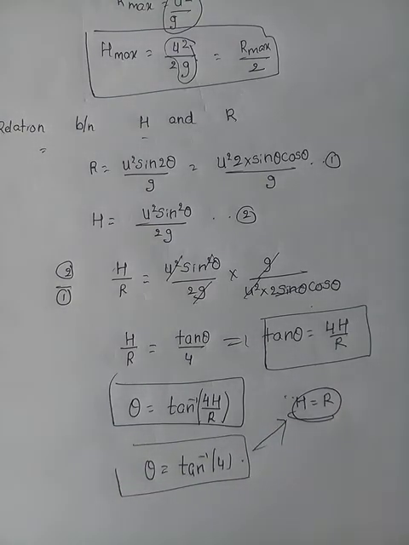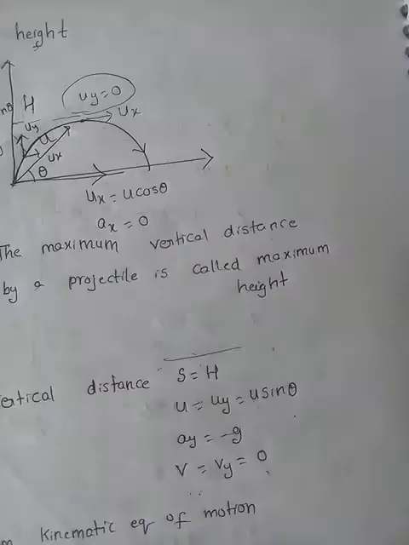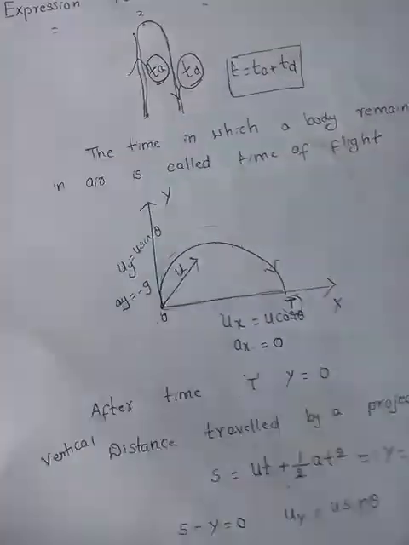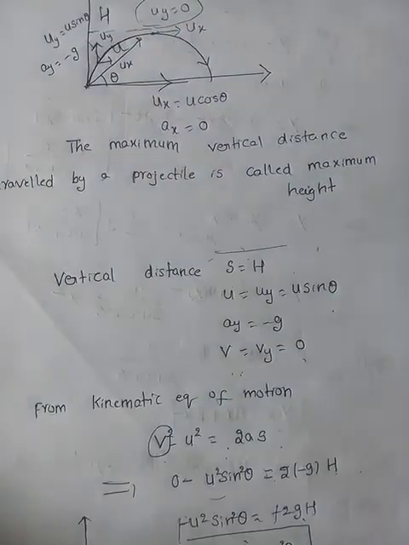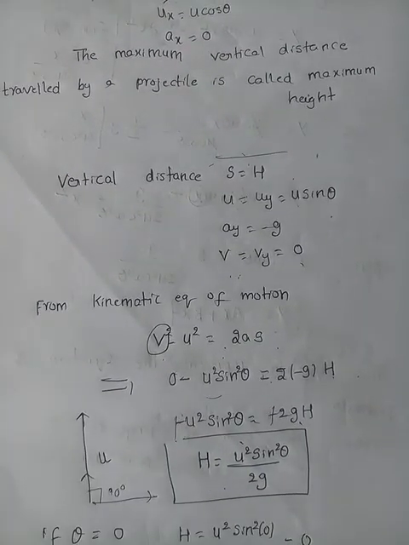These three questions are very important for 3 marks questions of this chapter. What are they? Height: the maximum vertical distance traveled by the projectile is called height, and H is equal to u square sin square theta by 2g.